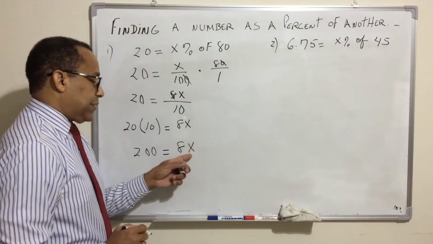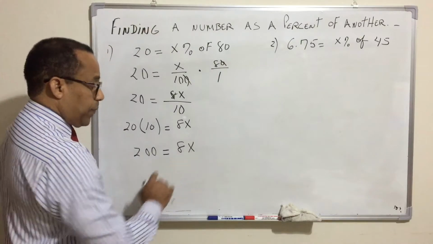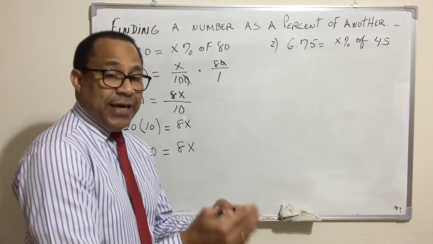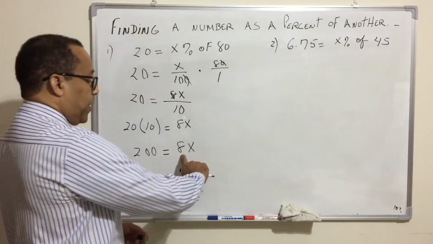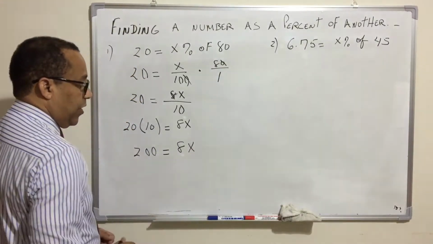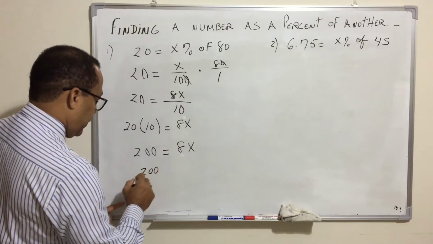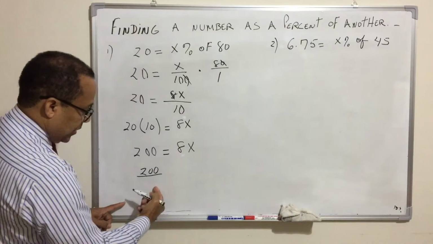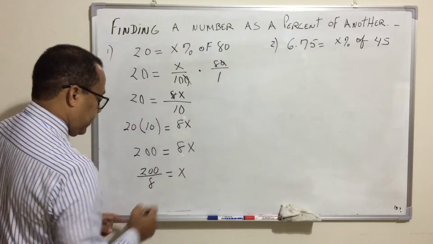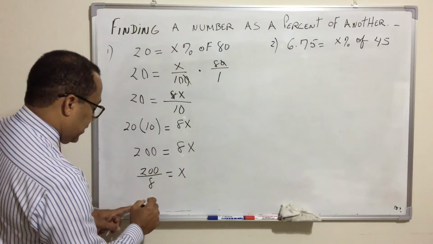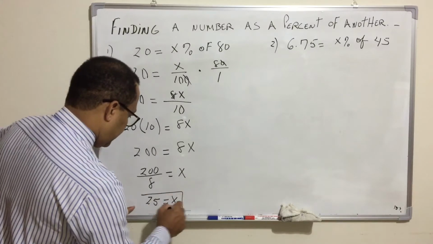In order to find the x, I need to get rid of the 8, and the 8 is multiplying the x, because 8x means 8 times x. So since 8 is multiplying, it comes dividing to the left side. So I have 200 divided by 8 equals x. 200 divided by 8 is 25 equals x.